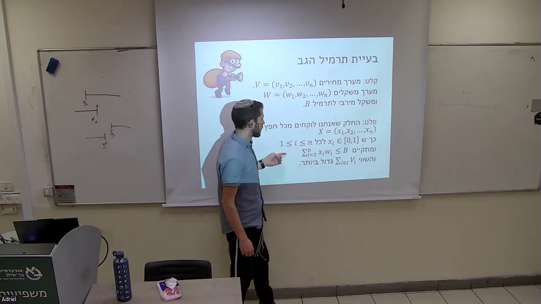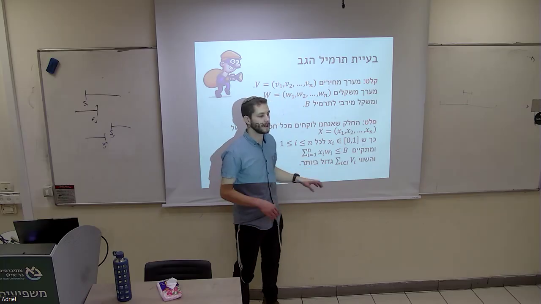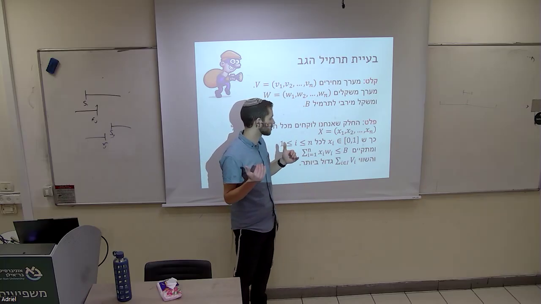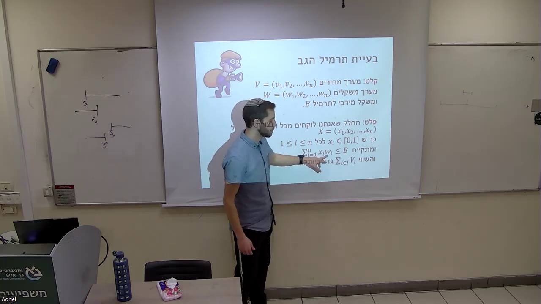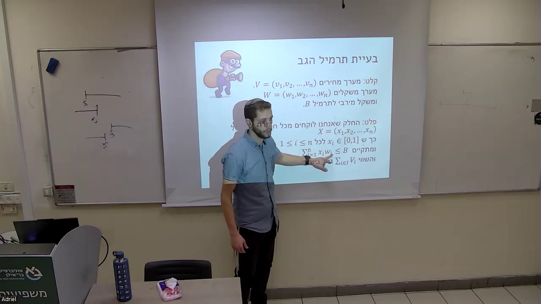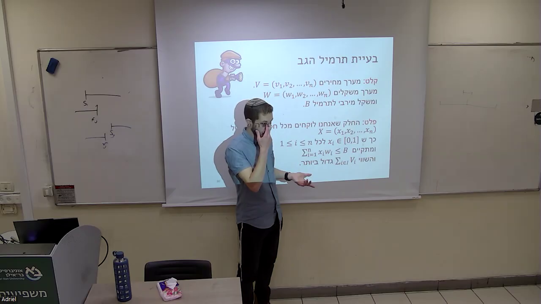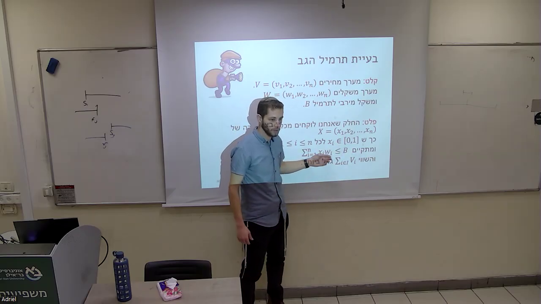And also we need our solution to hold that we didn't pass our maximal weight B. But here, it's not just summing up the weights of the items we took, it's summing up also the amount we took of each item. So if we took half of an item, we add half of its weight to the sum.